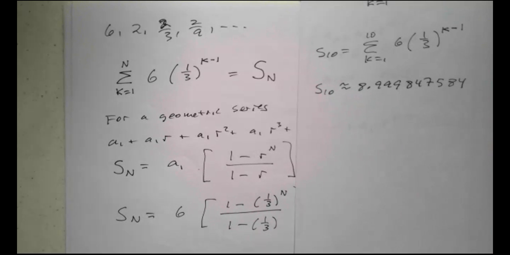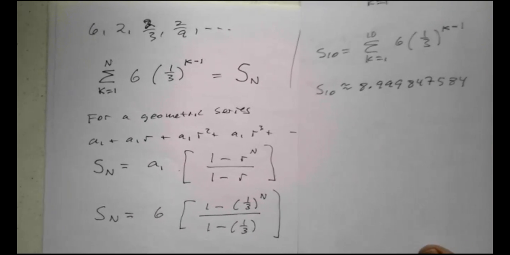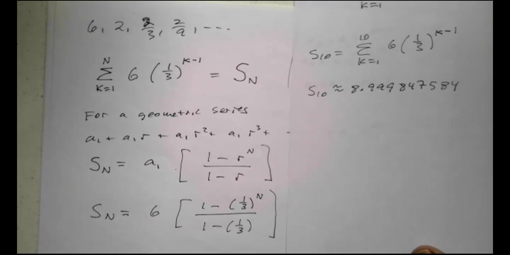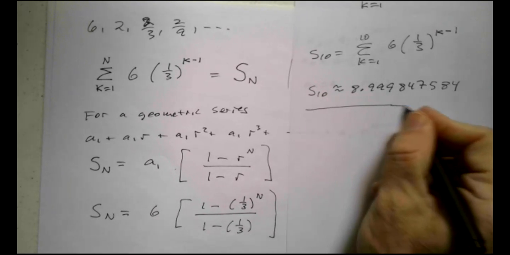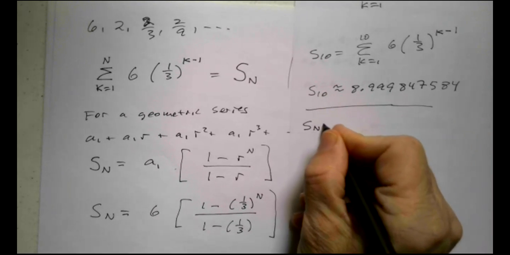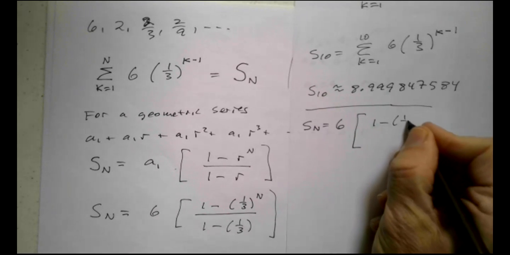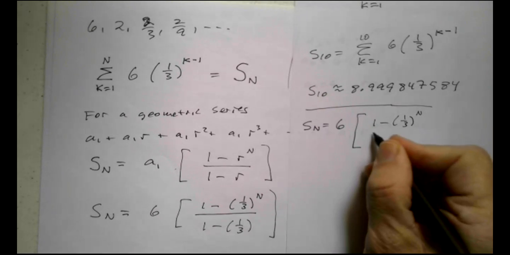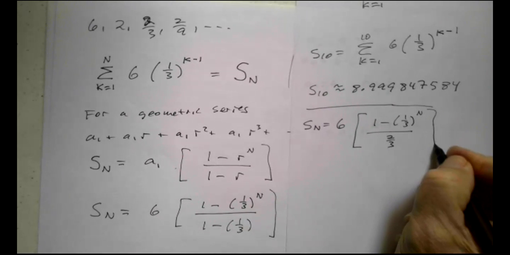We also have S sub n, or S sub 10 is what I'm going to need. So this is our current formula. S sub n equals 6 times 1 minus 1/3 to the n over 1 minus 1/3, which I'll just cheat and say 2/3.